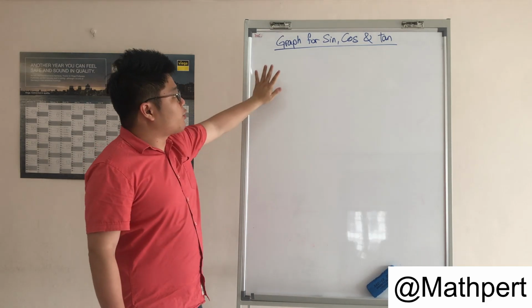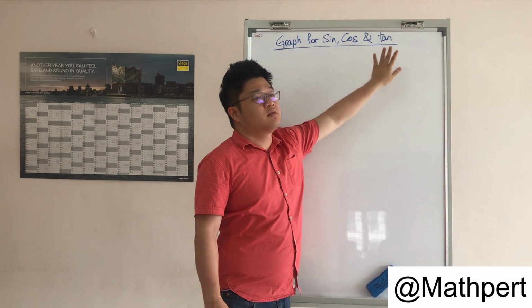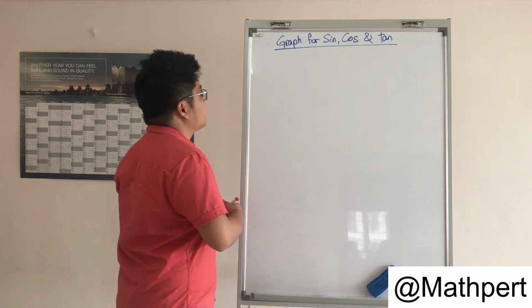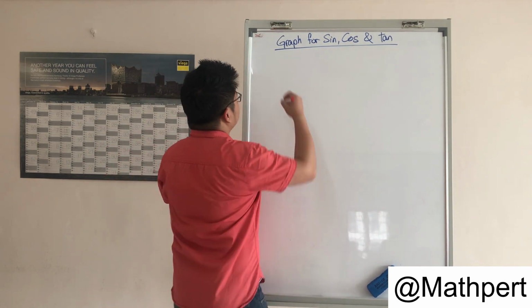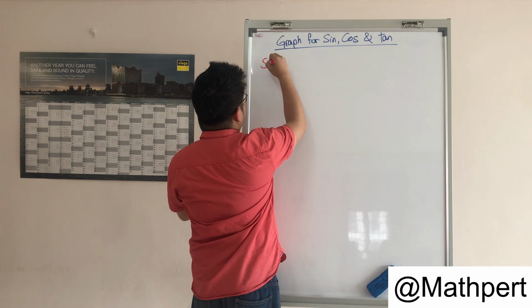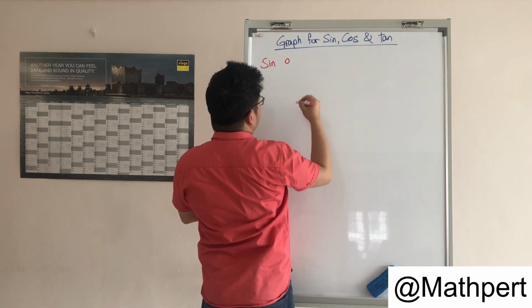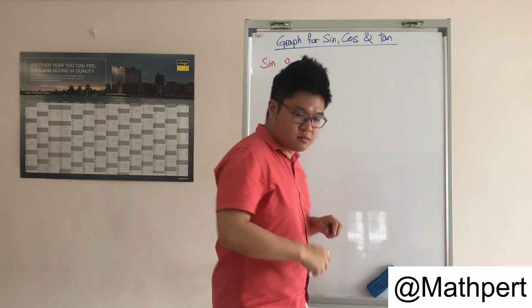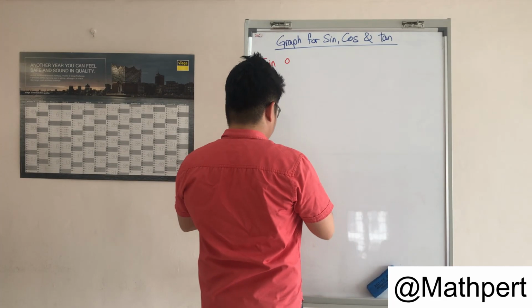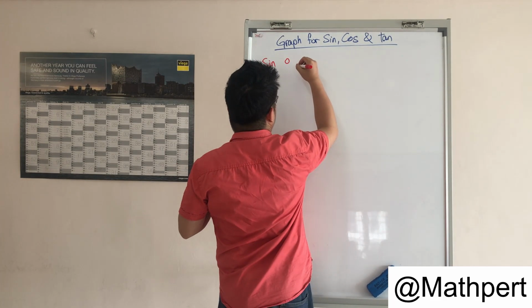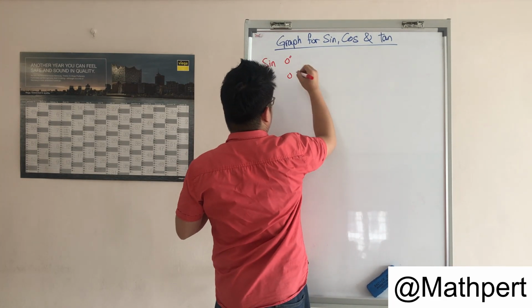Now let's take a look at the graphs for sine, cos, and tangent. First, let's take a look at the sine graph. When x is 0, what do we get? Sine 0 we get 0.